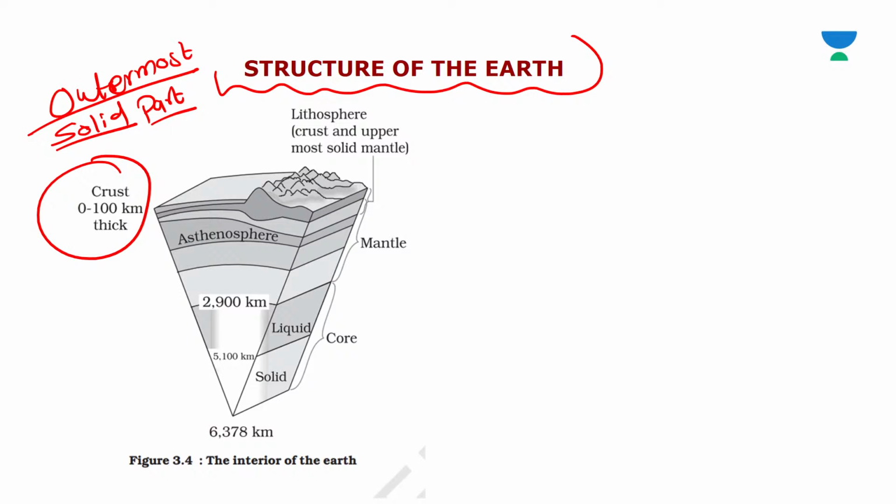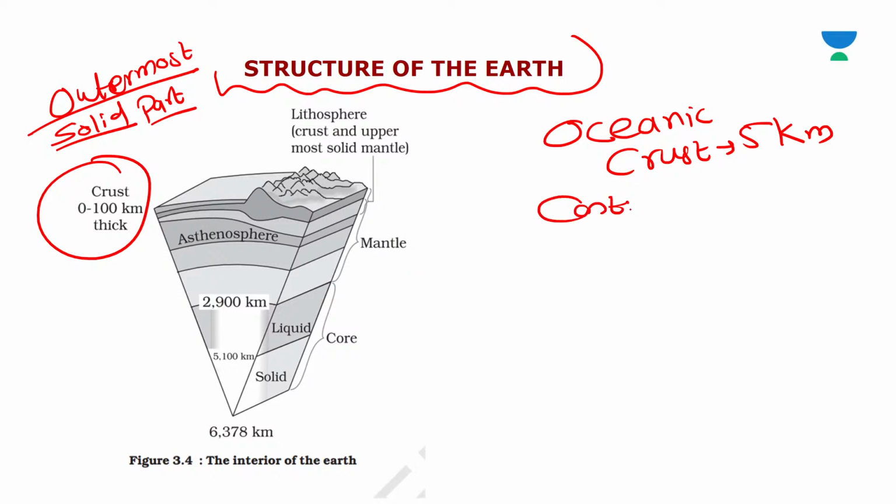The mean thickness of oceanic crust is 5 kilometers, whereas that of the continental crust is around 30 kilometers.